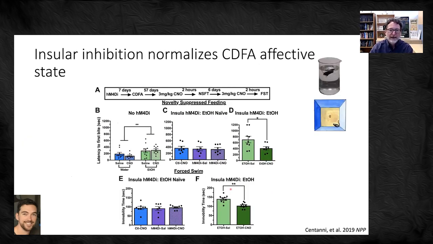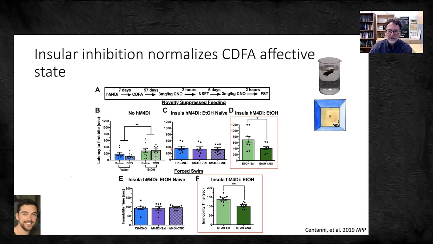We then moved to the behavioral level to assess whether inhibition of this circuit utilizing the GI dread would normalize the abstinence-induced phenotypes that we observe in the forced swim test and in the novelty-suppressed feeding task. And so on the left are a variety of control experiments.